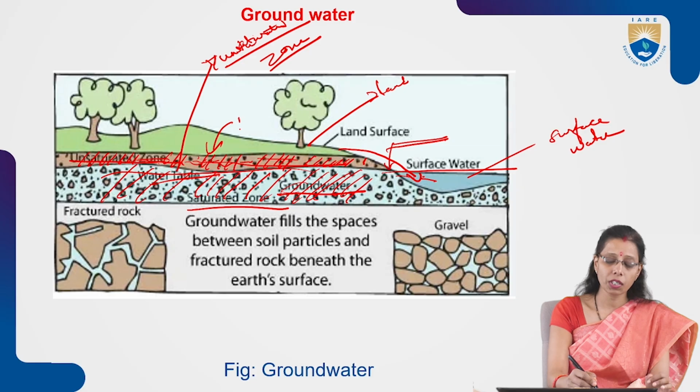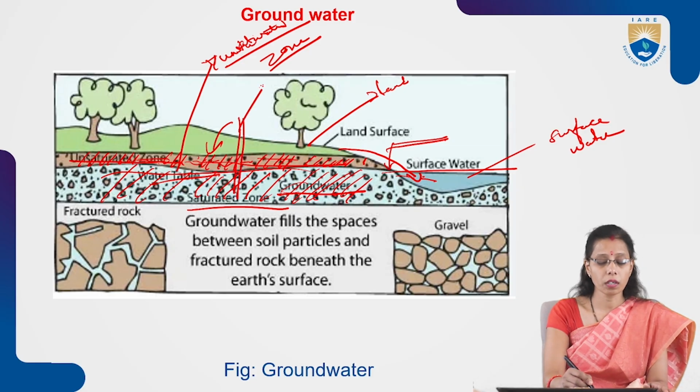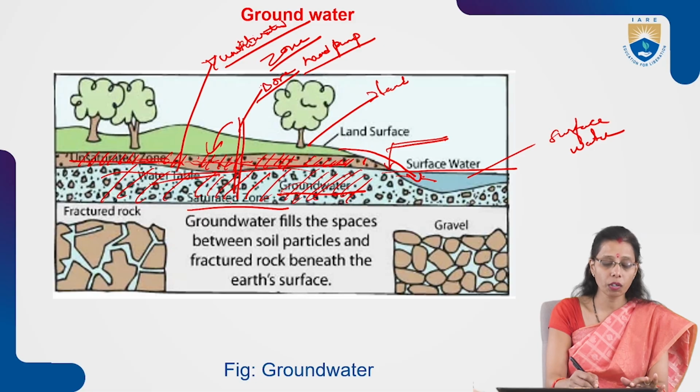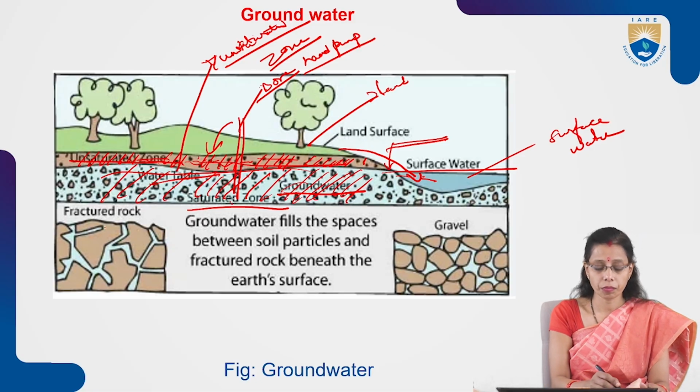So anytime when we are digging a bore or a hand pump, the digging should go down till the saturated zone. Okay, so this is a fractured rock, somewhat gravel.